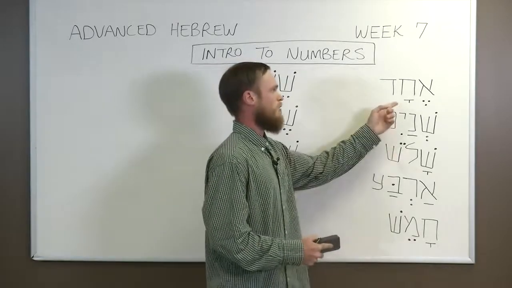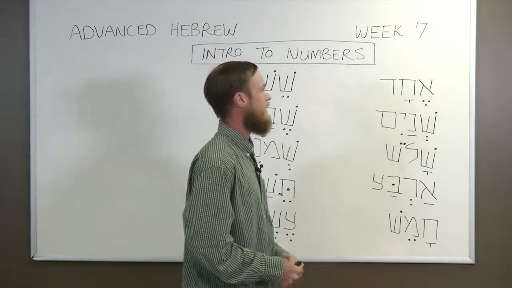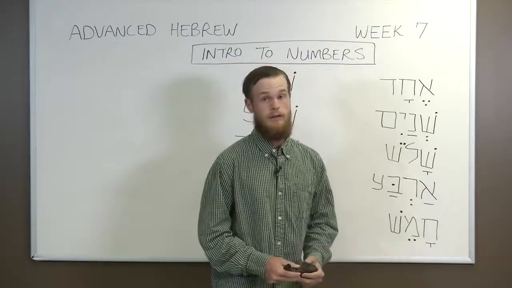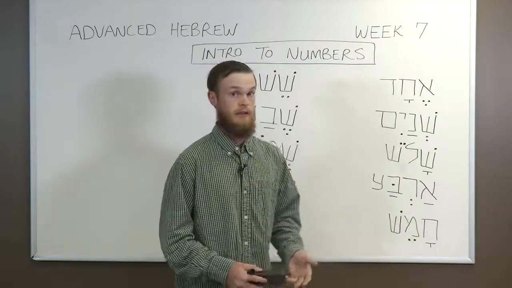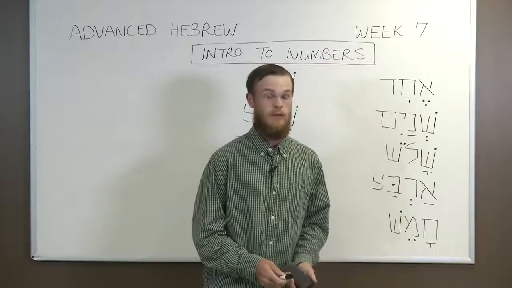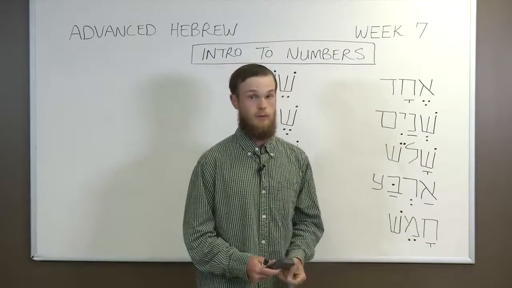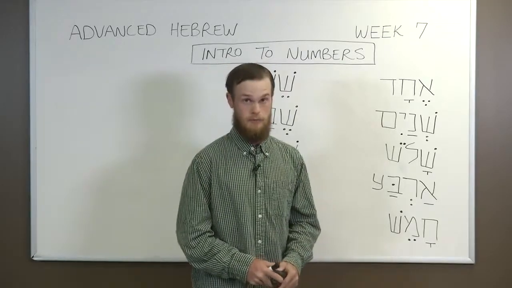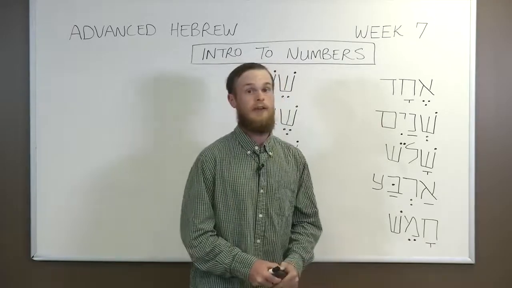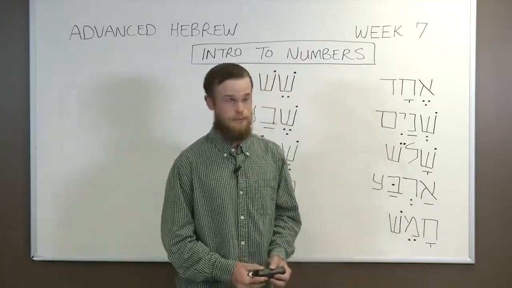The masculine form of the number 1 is echad. So if we have a masculine noun, and we wish to say there is one, okay, so 1 horse, say, we have to match our adjective, our number 1, in gender with our subject. So we would say sus echad, because echad is masculine, sus is a masculine noun.